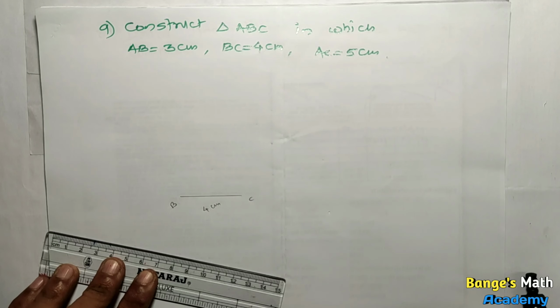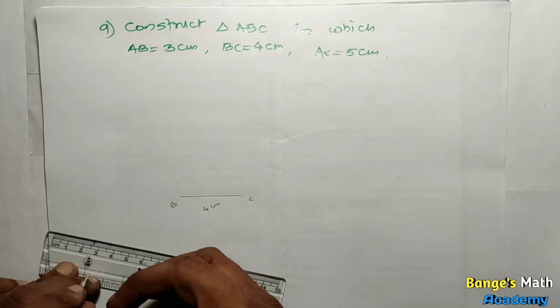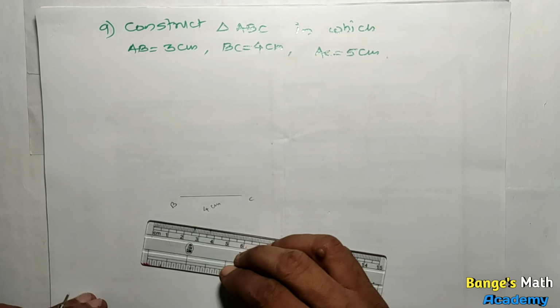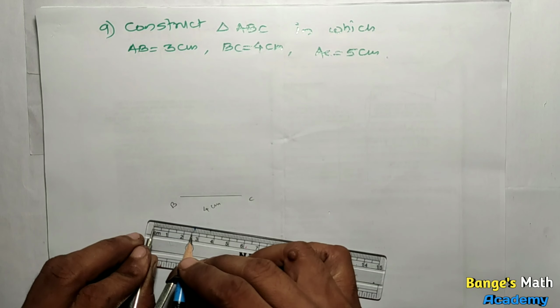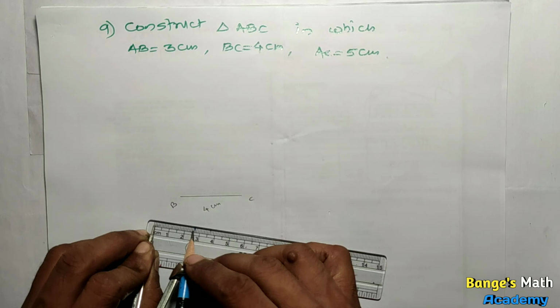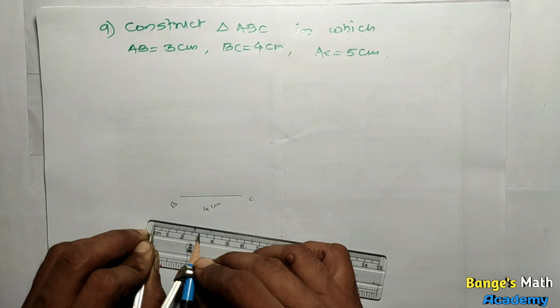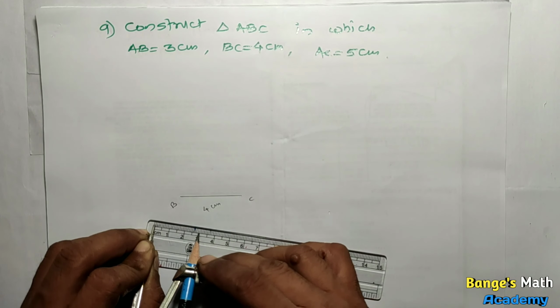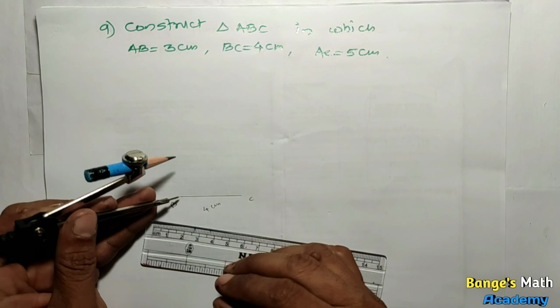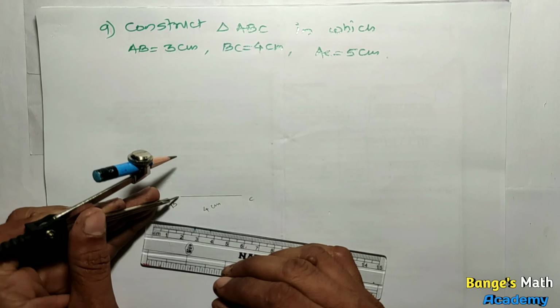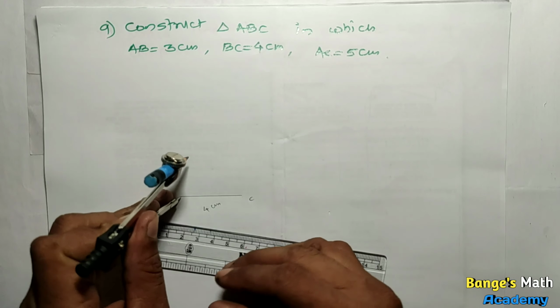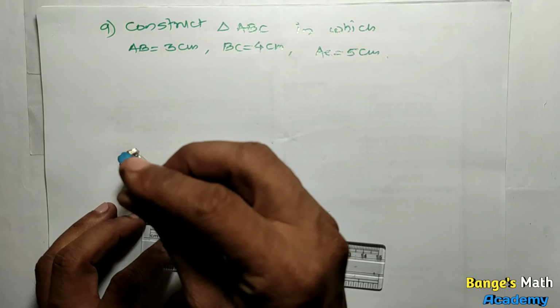So take 3 cm distance in your compass. Put still point on point B and draw an arc.